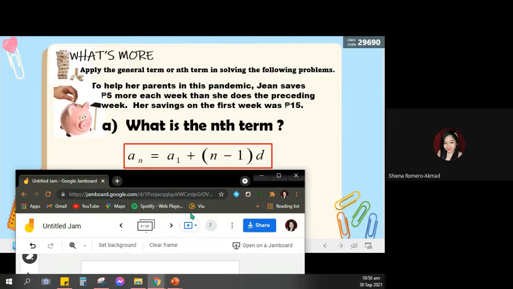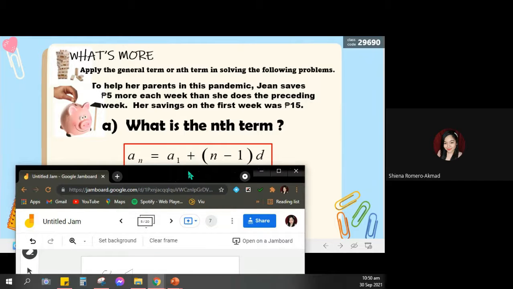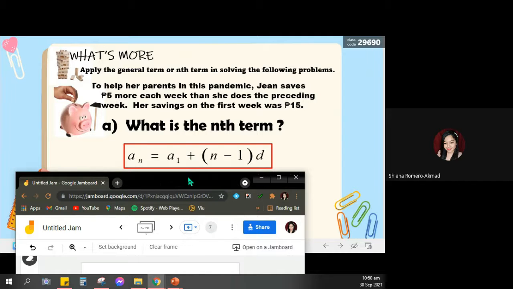Okay? Ayun, tama. Substitute nyo lang. Ano isa-substitute nyo dyan? Substitute nyo yung difference. Substitute nyo yung first term. So, what is the difference dito sa ating problem?